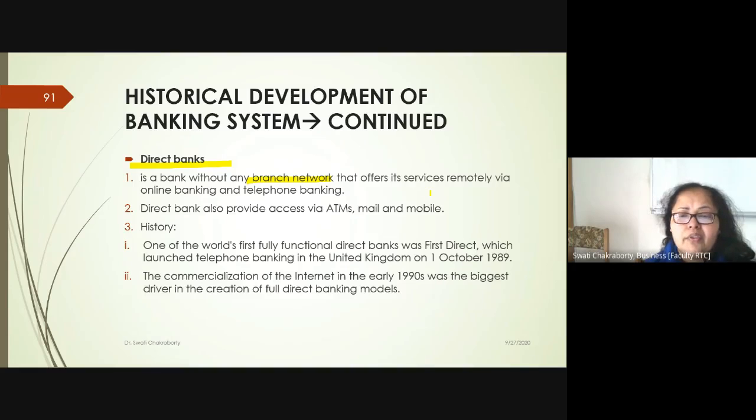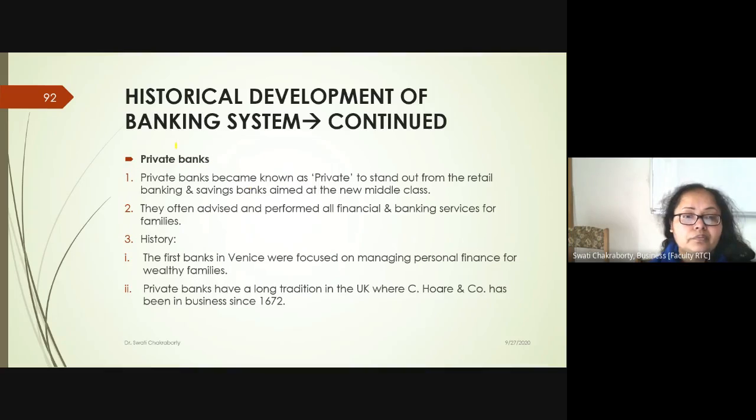One of the first fully functional direct banks was First Direct, which was formed in October 1989 in the UK. And the commercialization of the internet was the biggest force for the creation of full direct banking models.